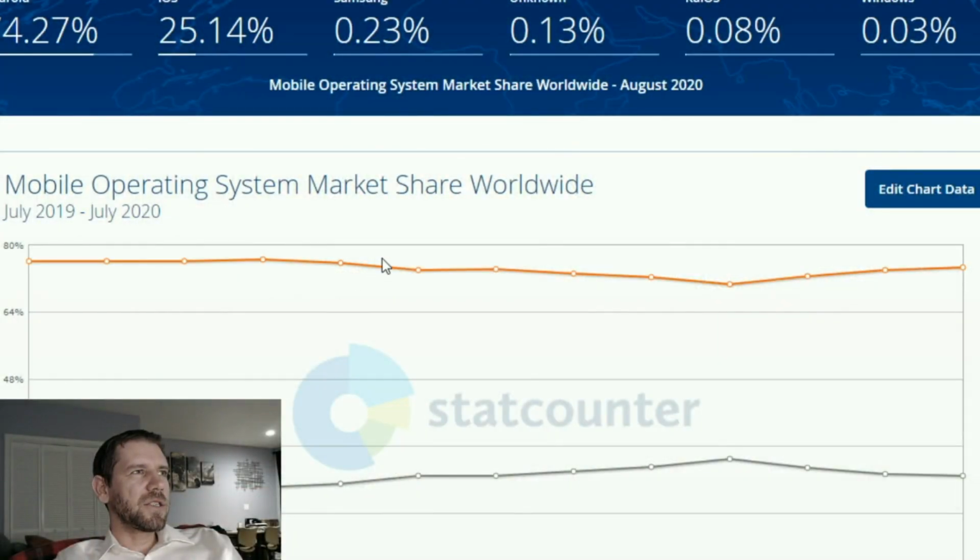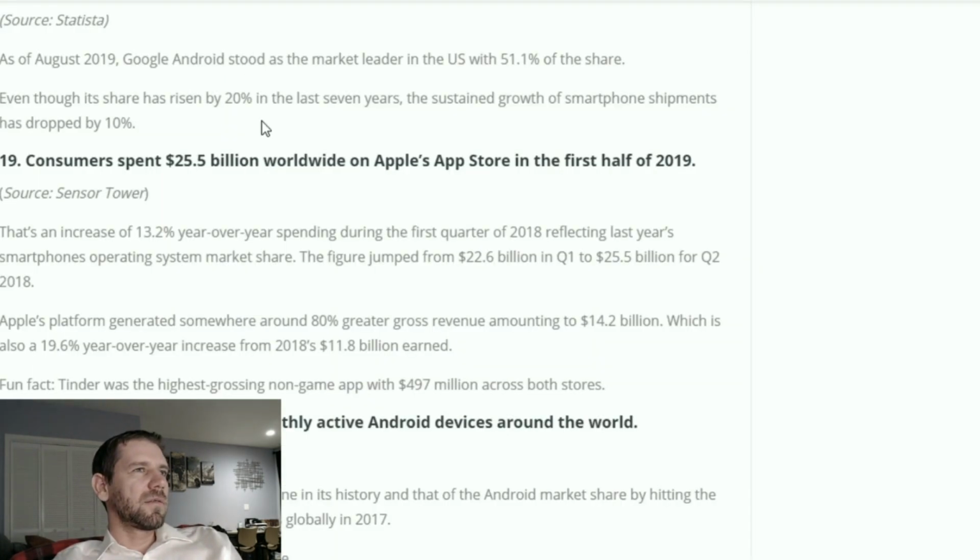So it's half, even though they have a much higher market share. You can see in orange here. And so it's really hopeful because every single percentage that Apple picks up is going to be able to convert into app sales and other types of activities related to iOS.